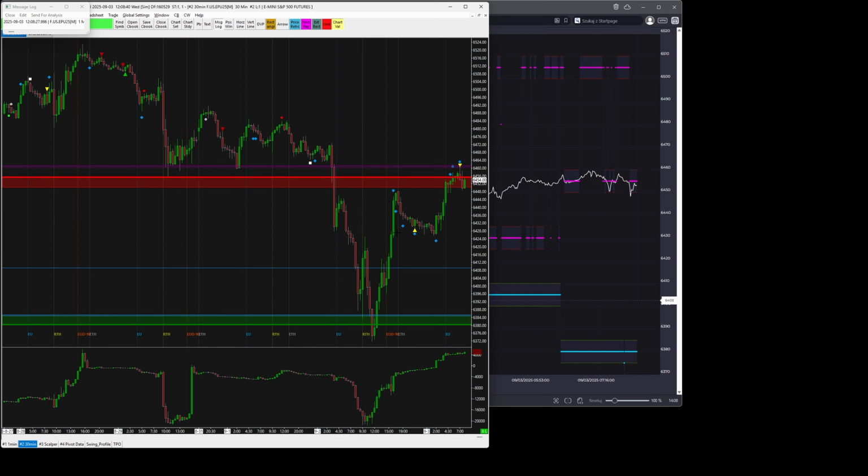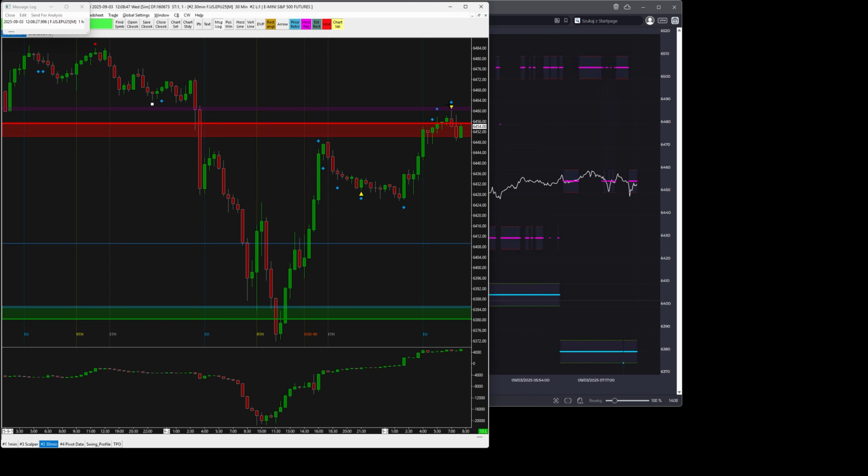So this actually is a nice setup, right? Because we have our yellow triangle down plus blue order flow anomaly, and we are here in this red area. So the red area is basically this, right?